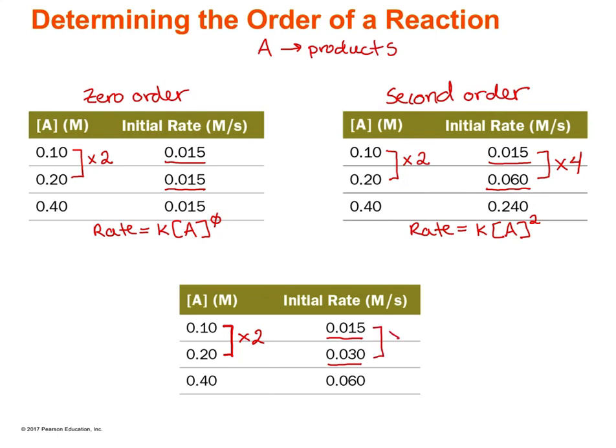So the rate doubled as well. So there's a direct correlation between the reactant concentration and the initial rate, which means we have a first order reaction. So we would write that the rate is equal to a constant times the concentration of A to the power of 1.